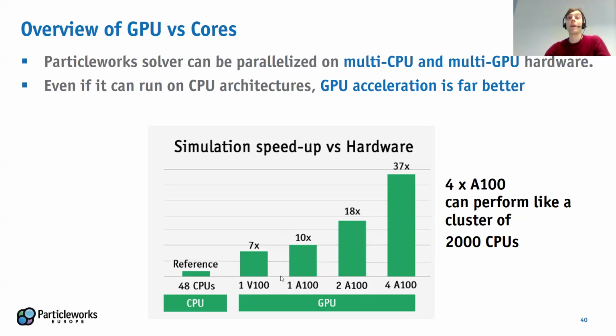This is an important message, because up-to-date graphic cards can scale like 500 CPUs: just one A100 can scale to 10 times 48 CPUs. And Particleworks also speeds up if we have more GPUs, more compute, up to 4 times when we increase the number of GPUs.